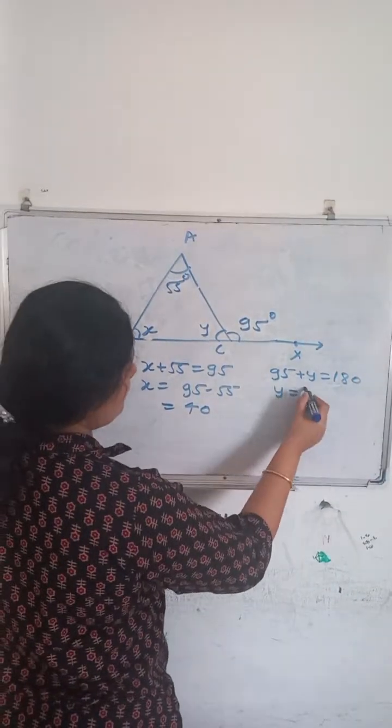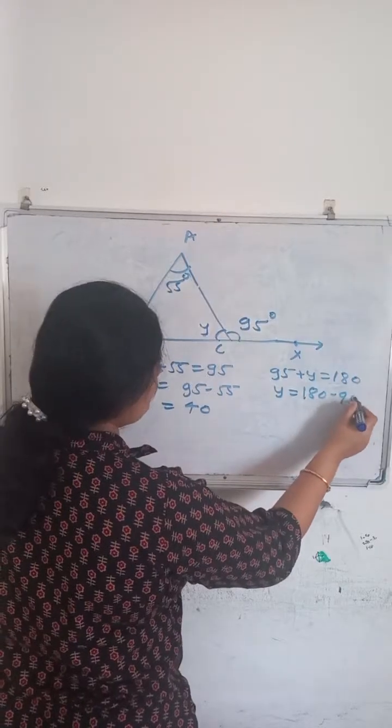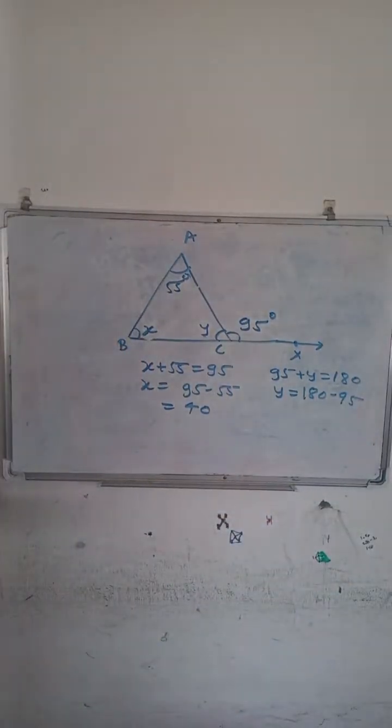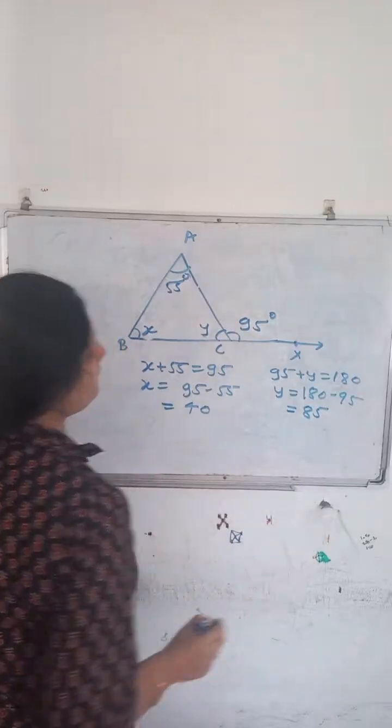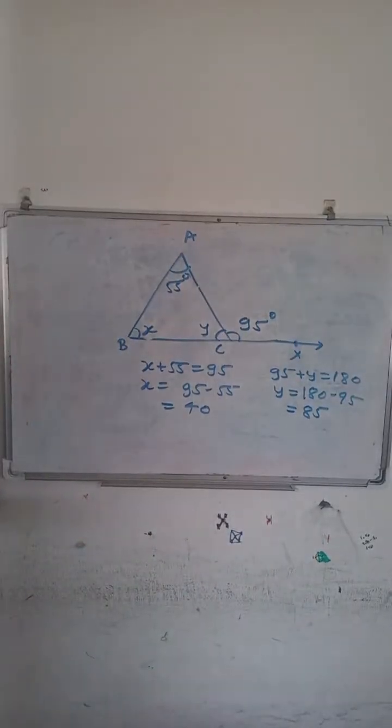So y is equal to 180 minus 95. Do this, how much do you get? 85. So these are the answers.